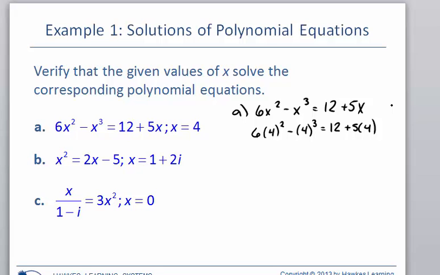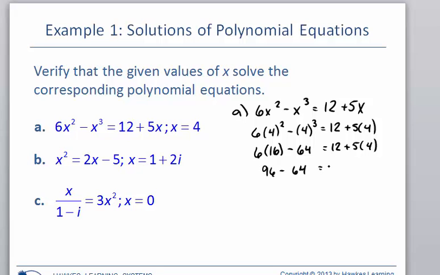Following our order of operations, we'll deal with the exponents first. So 4 squared is 16, so we have 6 times 16. 4 to the third is 64. And then we have equal to 12 plus 5 times 4. We'll do our multiplications next. So we'll do 6 times 16. 6 times 16 is 96.